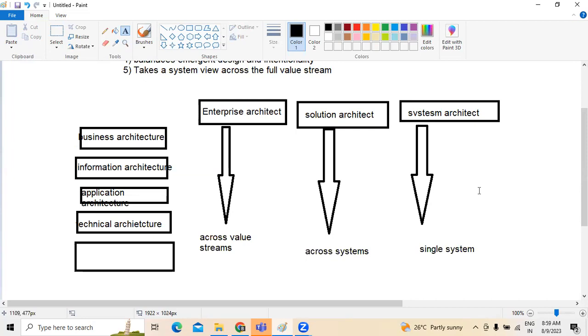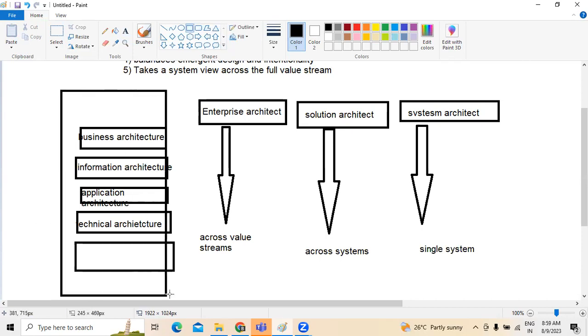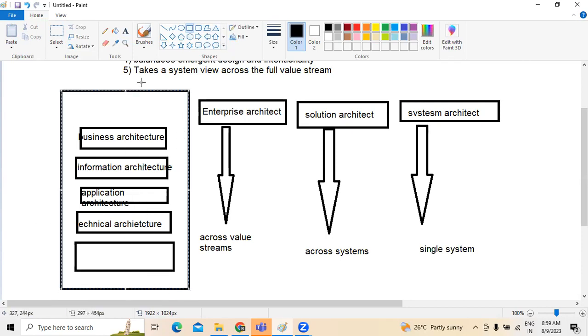This is how the Scaled Agile Framework deals with architectural domains. These are called architecture domains, and these are the three different architecture roles in the Scaled Agile Framework.